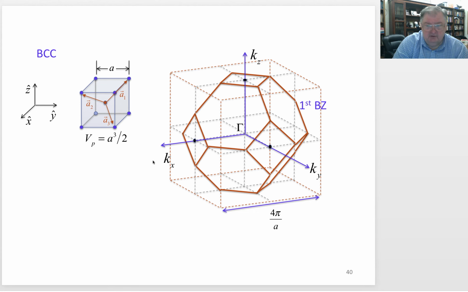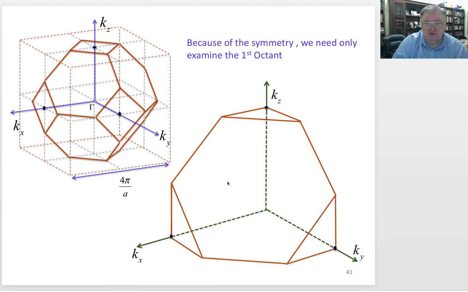So instead of having to look at this whole thing, let me just look at the first octant of this thing, and that's what I have here. Okay, and now for all intents and purposes, this point and this point and this point on these squares are the same point, in terms of the behavior of the wave function on the crystal.